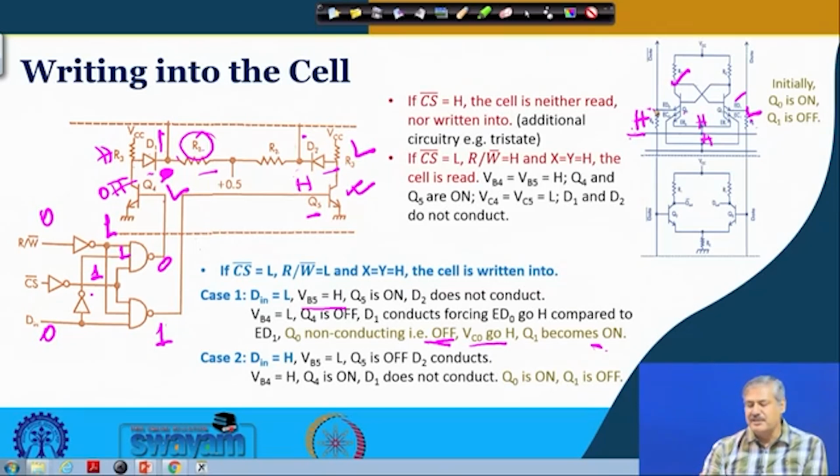Okay. So, a similar thing will happen here, it will remain stable, and as I said, it does not require refreshing, and basically they are holding each other in a stable mode. Is it clear?